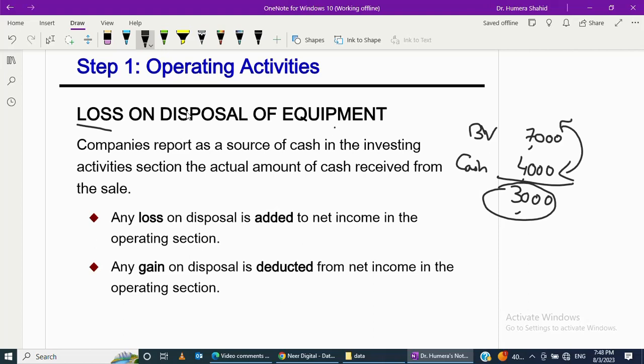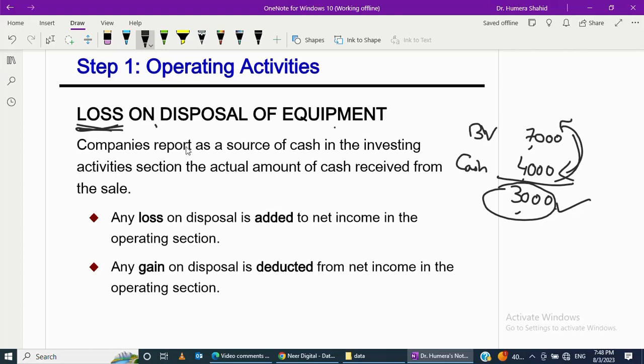Here in the operating activity section, the loss will be there, and in the investing activity section, the loss will also be there because you adjust it and put the net amount.